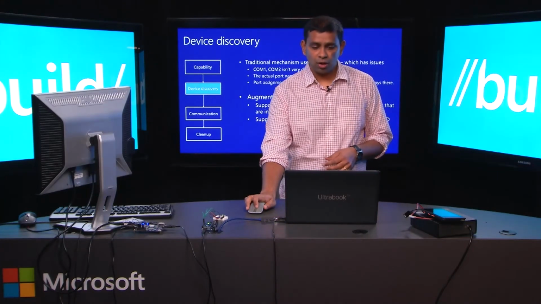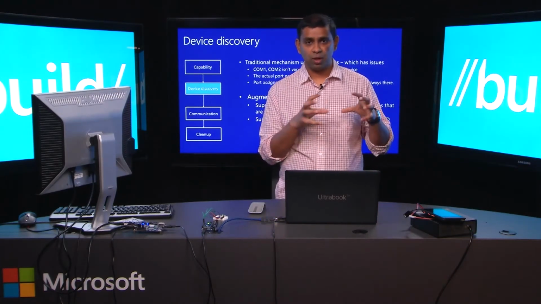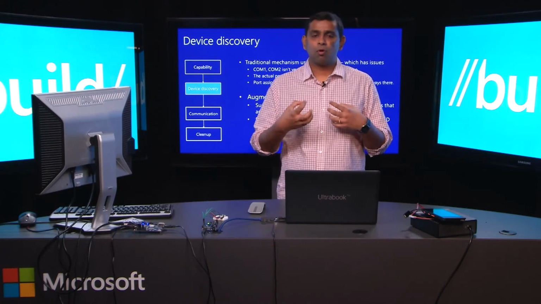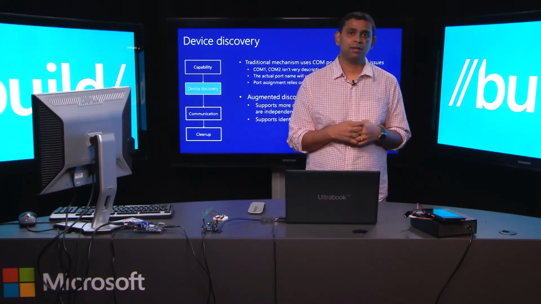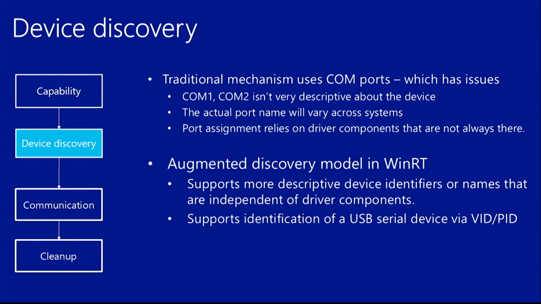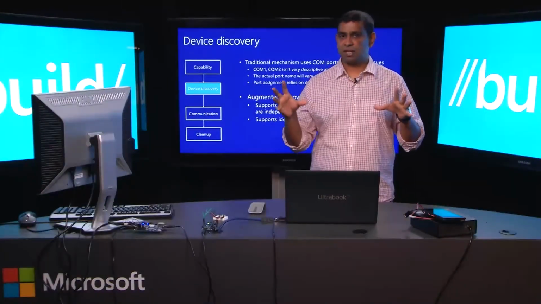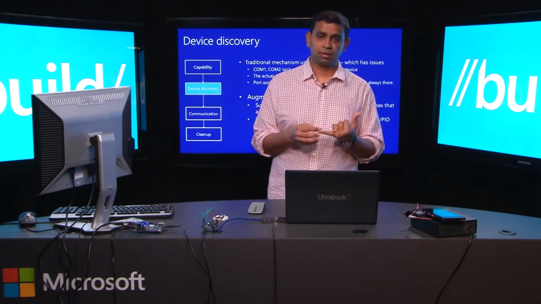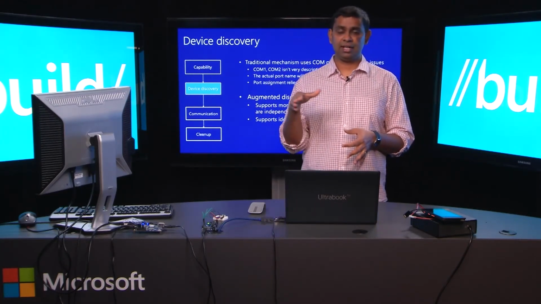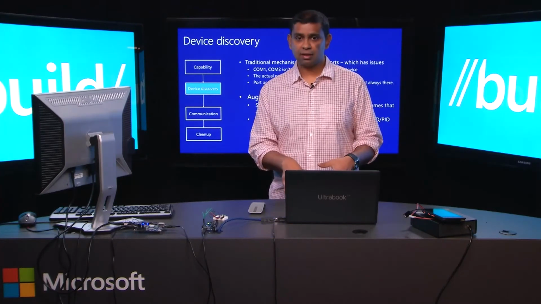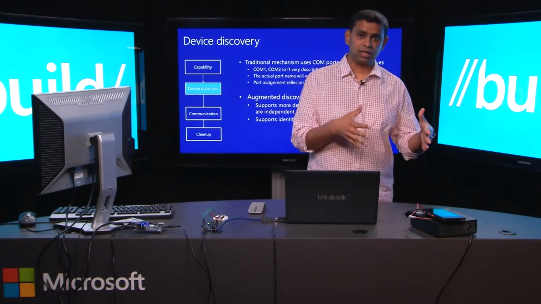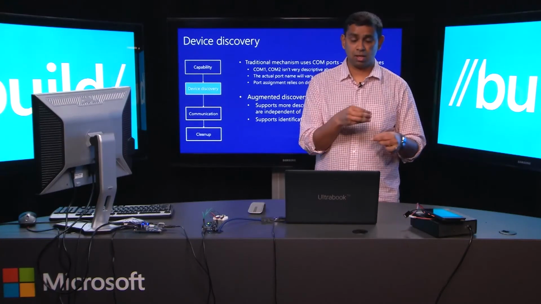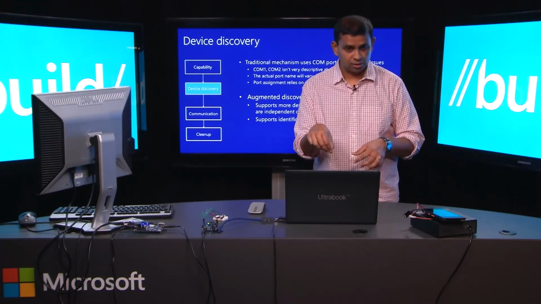So to alleviate all these problems and to fit in with the Windows runtime model, there is a much more augmented device discovery pattern that we use. Now, the definition in Windows runtime of a serial device is expanded to more than a COM port. It can be some kind of device identifier. For example, if you have a USB serial device and you know its vendor ID and product ID, you can discover it using that. Or if the serial device had a bridge that it was using to connect to the PC, maybe it's the vendor ID and the product ID of the bridge.